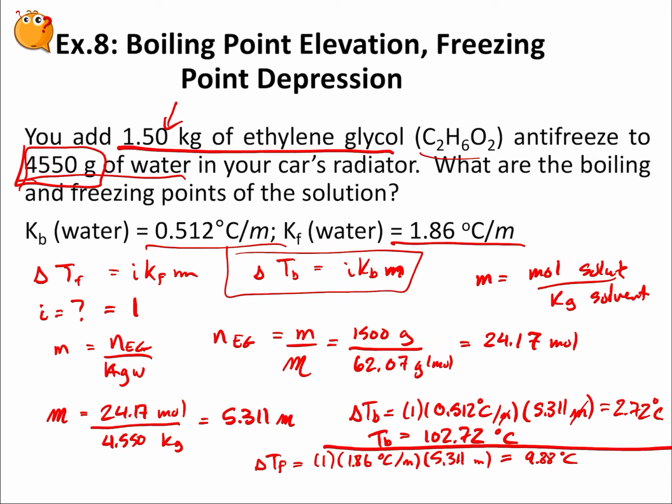And so our new freezing temperature, usually it's 0 degrees Celsius. So if this depresses it by 9.88 degrees Celsius, our new freezing temperature is going to be negative 9.88 degrees Celsius, which means it would function as antifreeze down to a certain point at least.